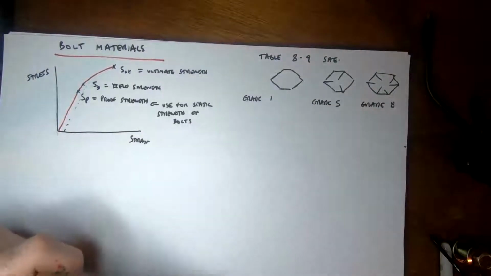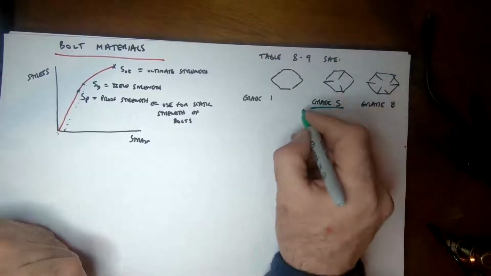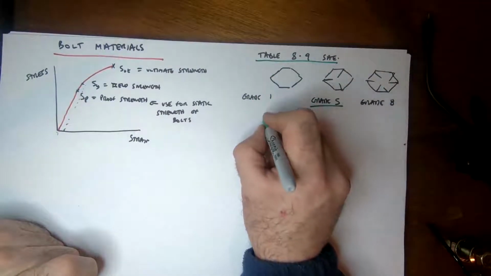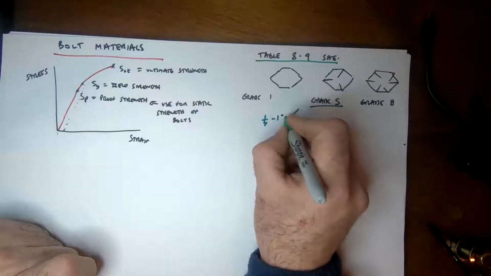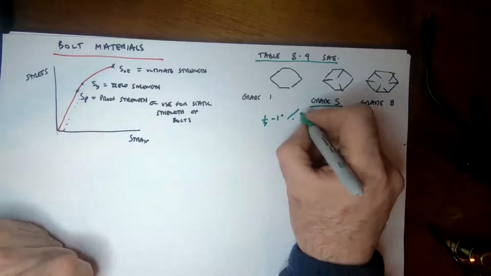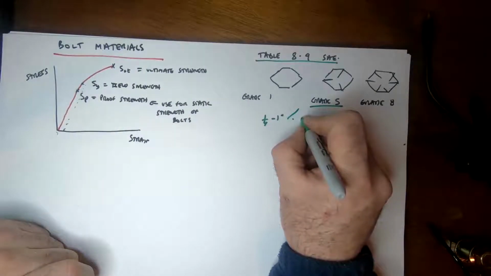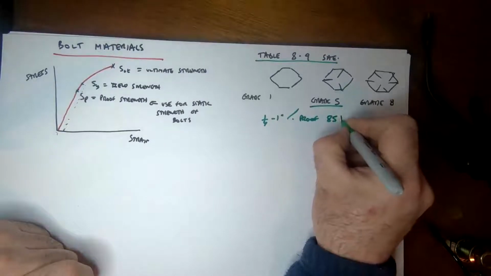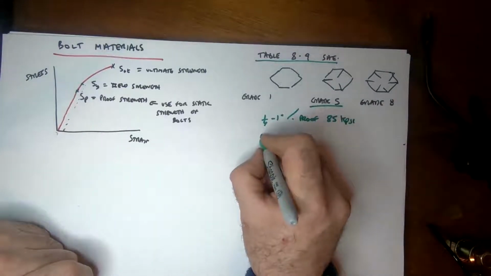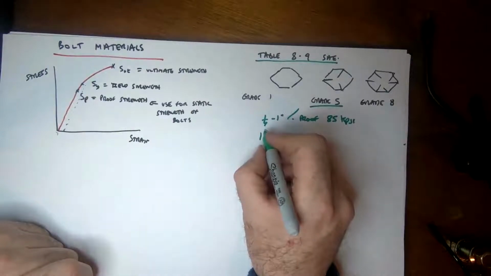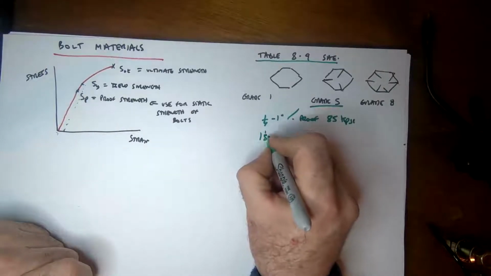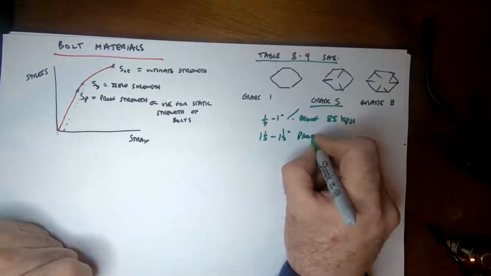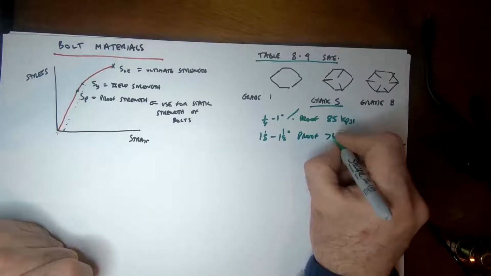And just for example, if we consider just the grade 5 here, table 8.9 tells you that for 1/4 inch to 1 inch, grade 5 has a proof strength of 85 kpsi, and once it gets above 1 inch, so it goes from 1 and an 8 as the next size up after 1 inch to 1.5 inch, that proof stress actually drops to 74 kpsi.